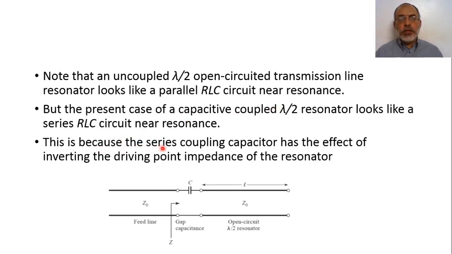This is because the series coupling capacitor has the effect of inverting the driving point impedance of the resonator. Actually, this inversion will be deeply studied in Chapter 8 in studying the filters. Alright?